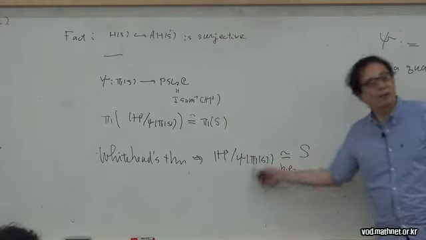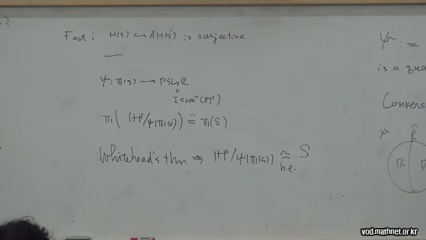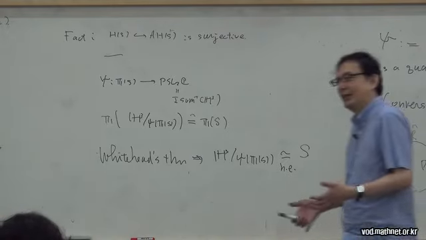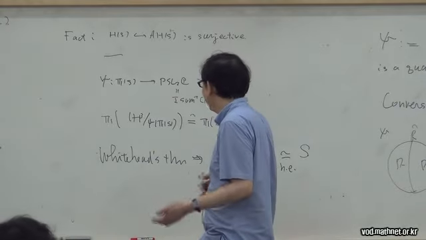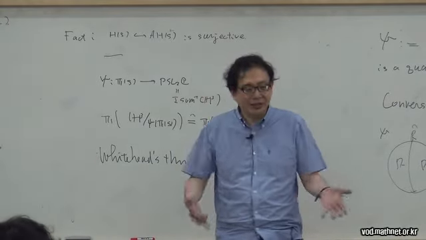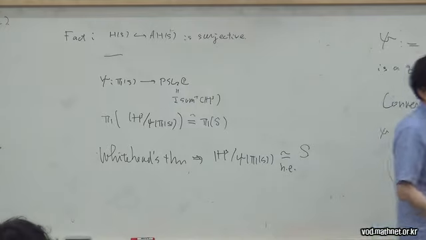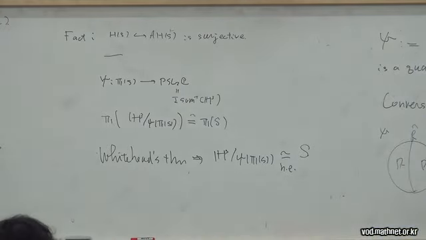But this manifold is not compact. This is an open 3 manifold. In this case, in general, you don't know if it's homeomorphic to the interior of some compact 3 manifold.